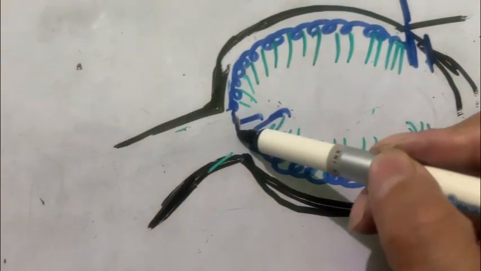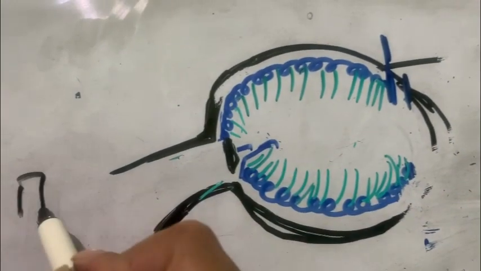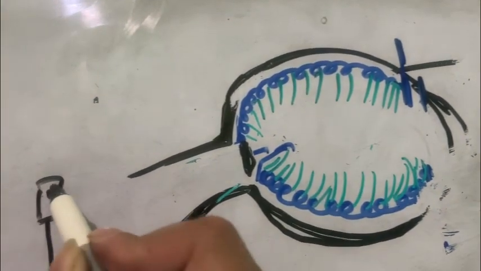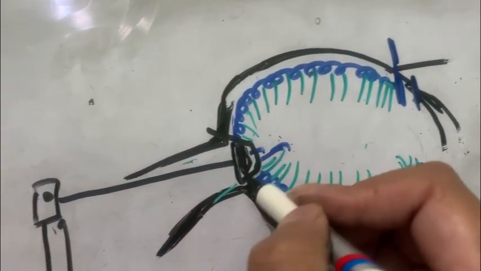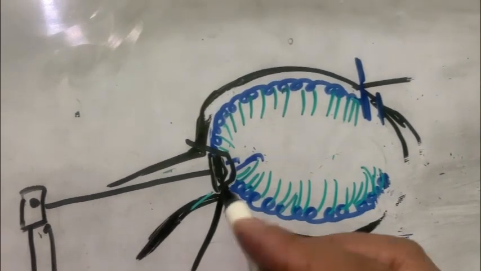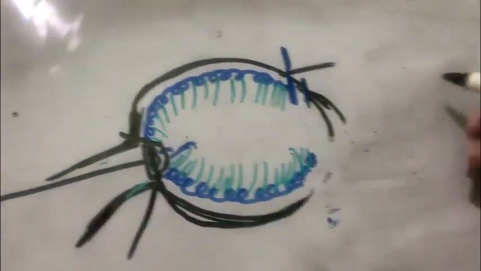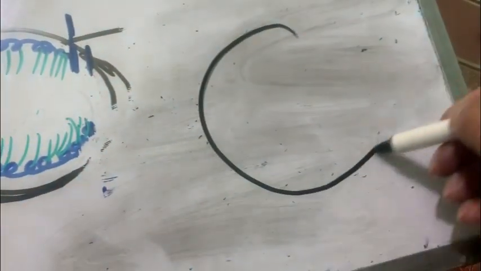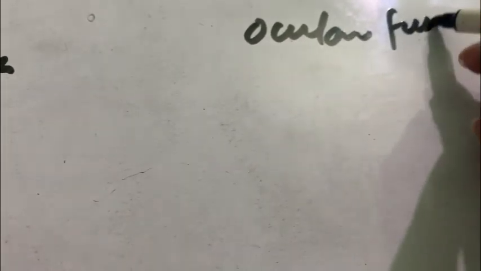This is the part that can be seen with the ophthalmoscope. If you are looking through the ophthalmoscope, this is the only area you can see. That is the most inner part of retina, and I will make it here how it looks. We are going to discuss the ocular fundus in detail.